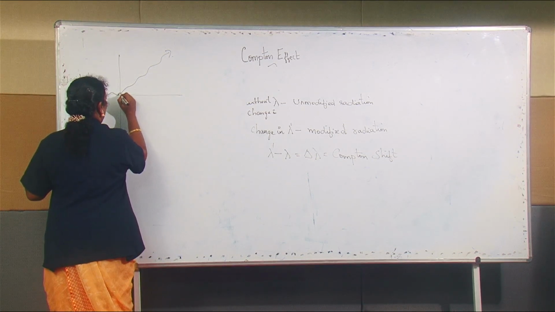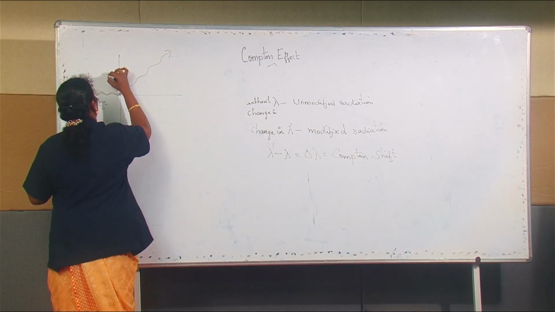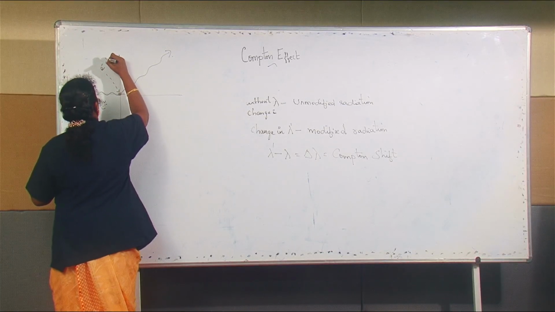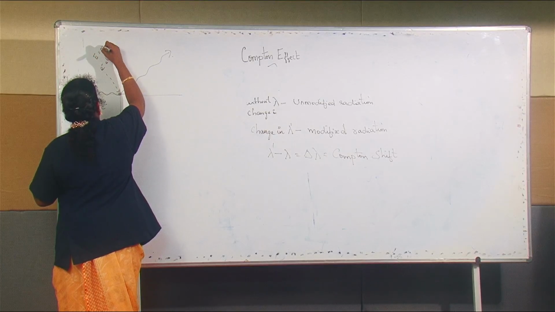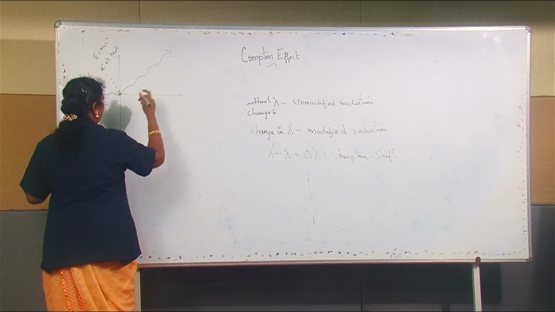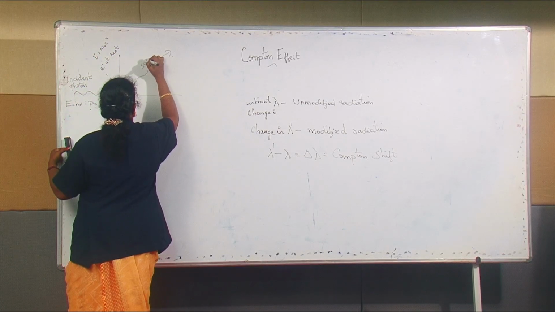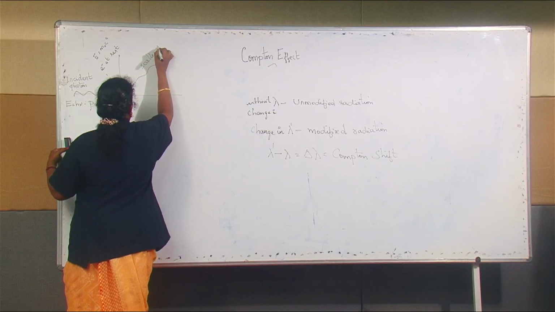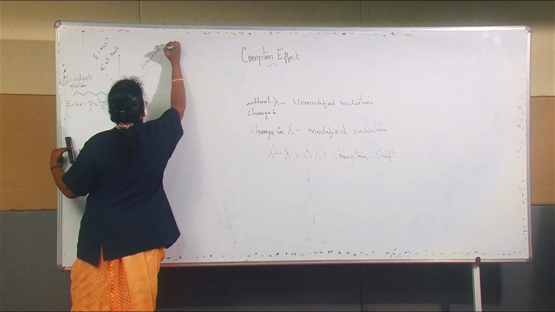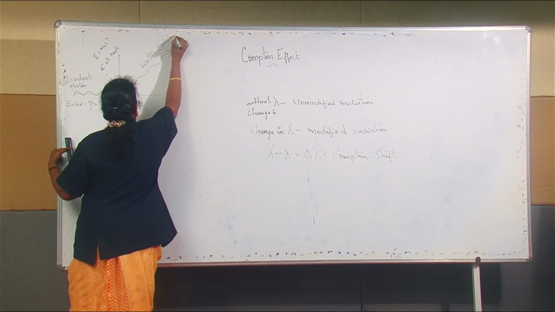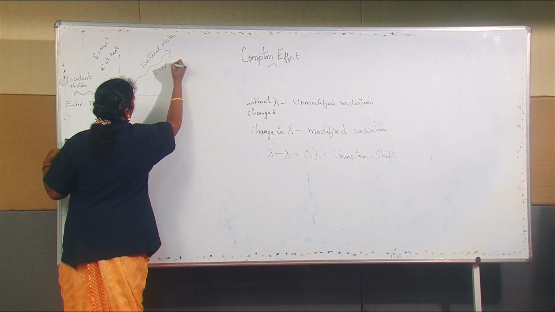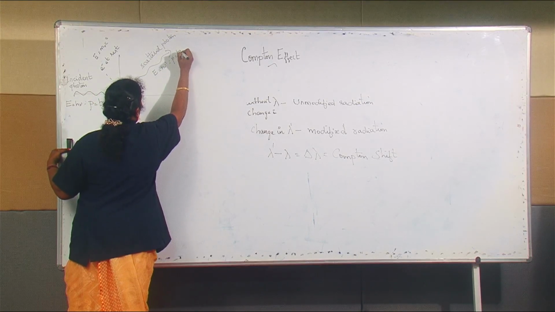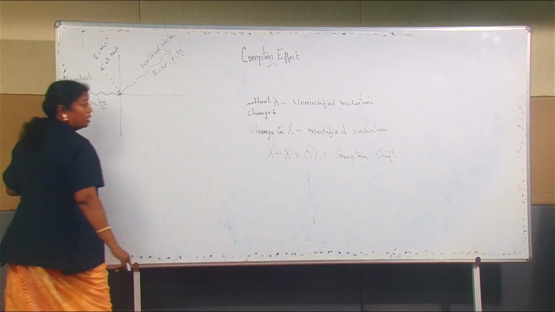Initially the electron is at rest, with energy E is equal to m naught c square. The scattered ray has energy E is equal to h nu dash and momentum h nu dash by c.